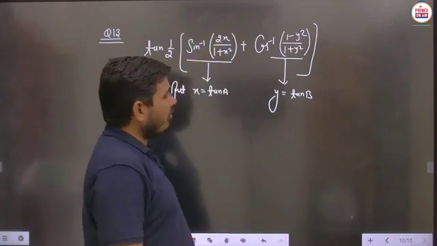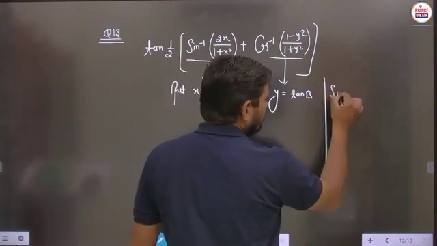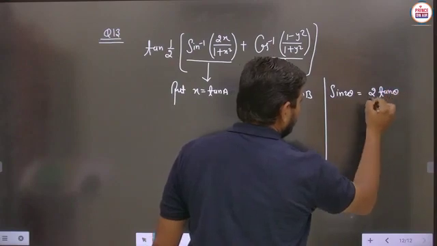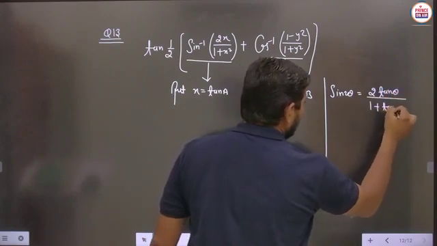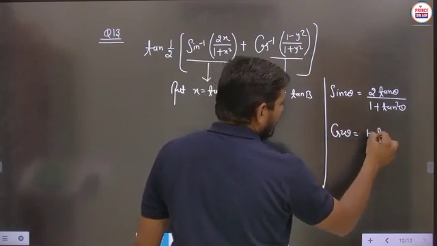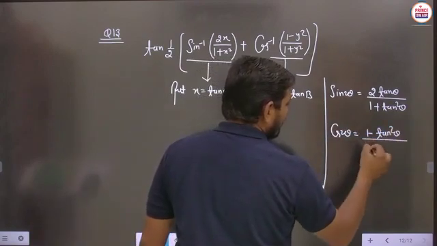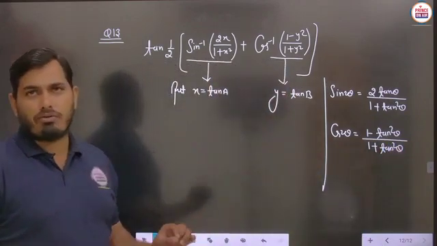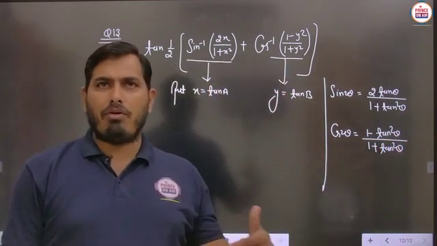You know very well the formulas of sin 2 theta and cos 2 theta. Here sin 2 theta in terms of tan can be written as 2 tan theta upon 1 plus tan square theta, and the formula of cos 2 theta in terms of tan, I think you know very well, is 1 minus tan square theta upon 1 plus tan square theta.